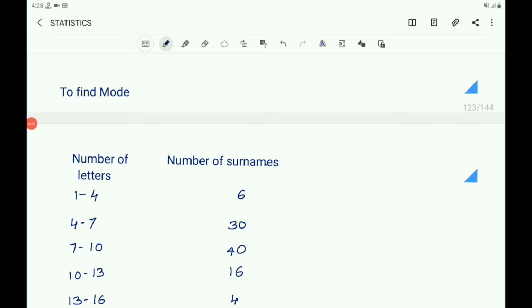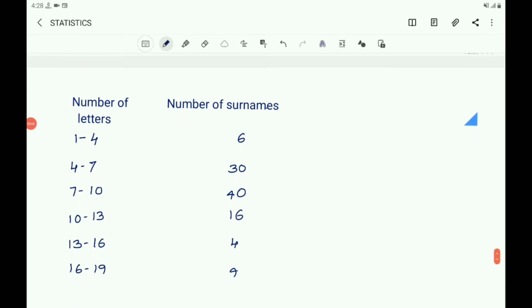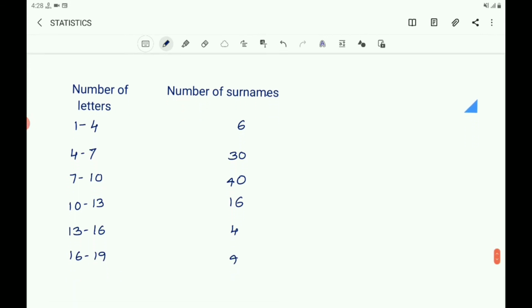Next, to find the mode, here we have to identify the maximum frequency. What is the maximum frequency? 40 is the maximum frequency.